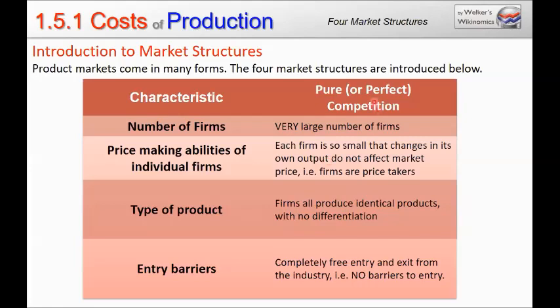Take note, in pure perfect competition, there is a very large number of firms, composed of many firms or businesses engaged in perfect competition. And then firms are price takers, so they have the option to change their prices or their output. And then their products are identical, or they are selling similar products.